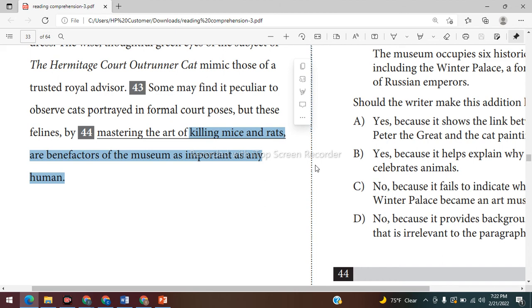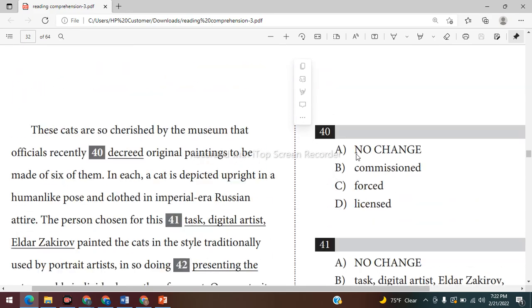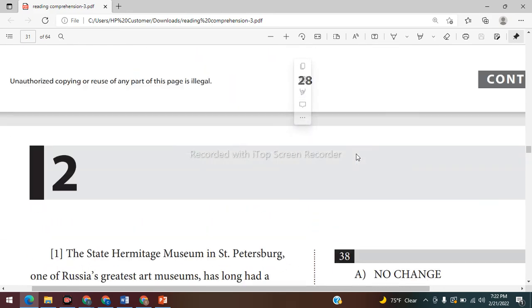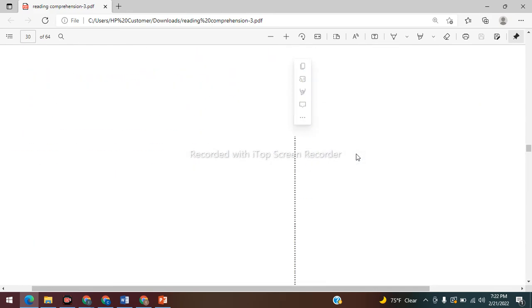Go ahead. Cats used to watch all the paintings to prevent the rodents from eating the wood from the paintings. That's what I learned. Okay. Anyone else? I don't know. Go ahead, Miss Cooper.